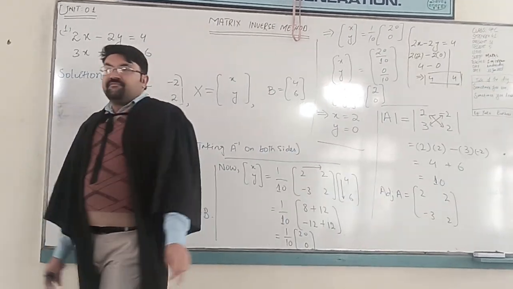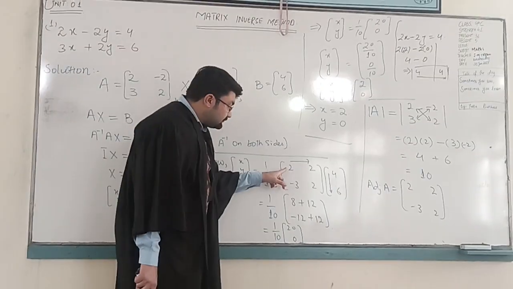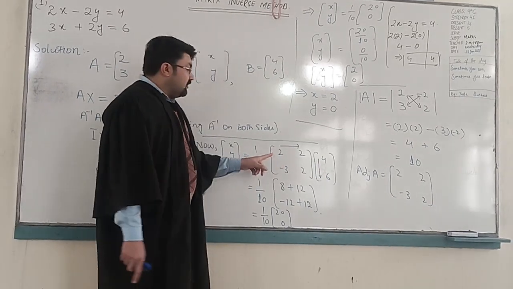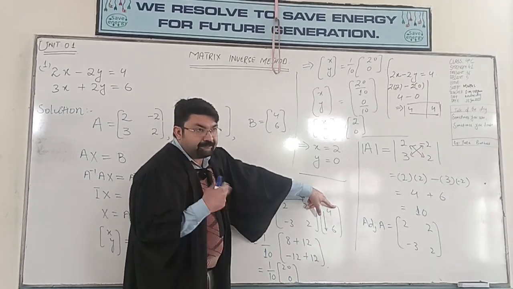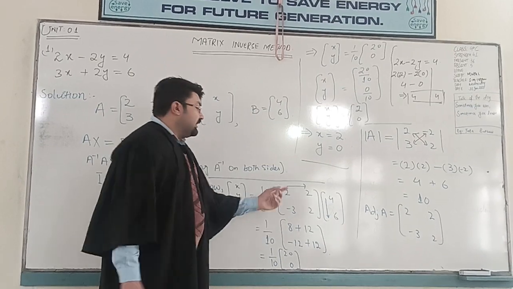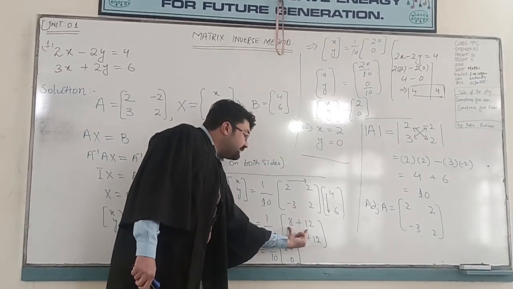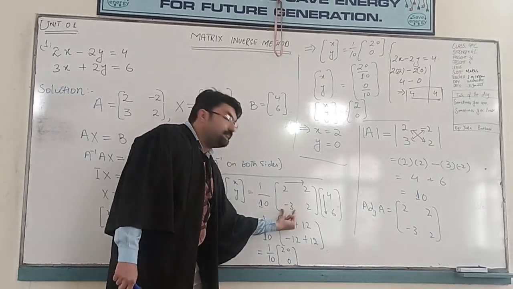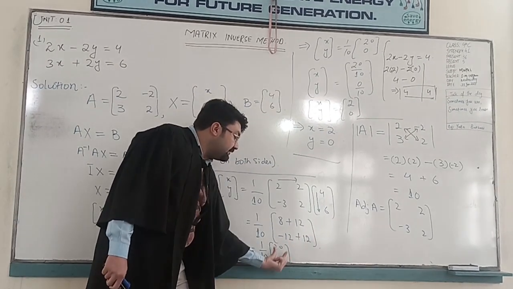Now we need the product of the adjoint and B. In the first row, the first entry multiplies with the first entry of the first column, the second entry with the second entry, and then we take their sum. It becomes 2 4s are 8 plus 2 6s are 12, and 8 plus 12 is 20. Similarly, 3 4s are 12 minus 12, and 2 6s are 12, so minus 12 plus 12 becomes 0.